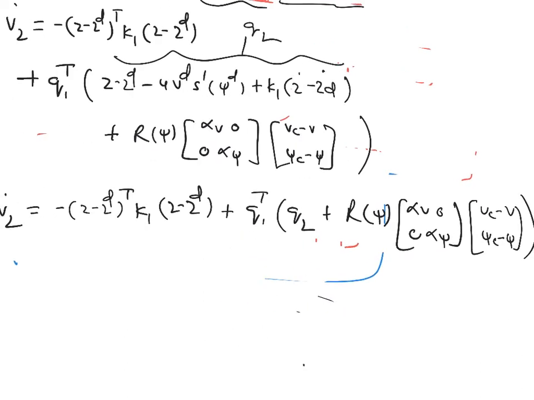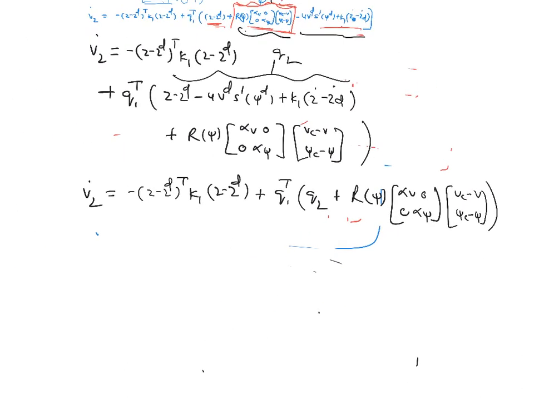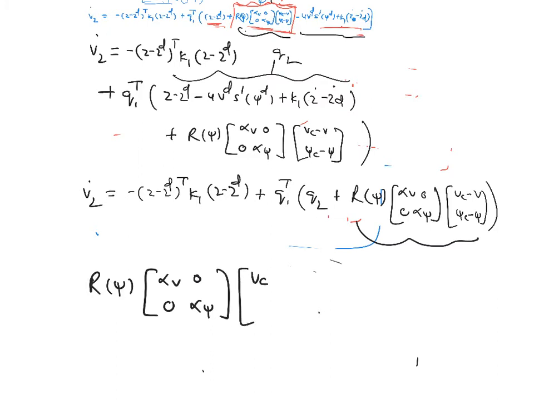Now we can choose this R psi alpha V0 alpha psi, V commanded minus V, psi commanded minus psi, equals minus Q2, so that cancels out, and minus some K2 into Q1.